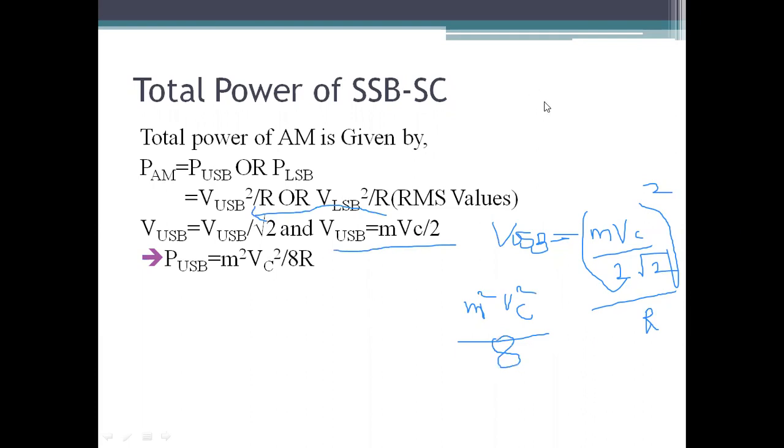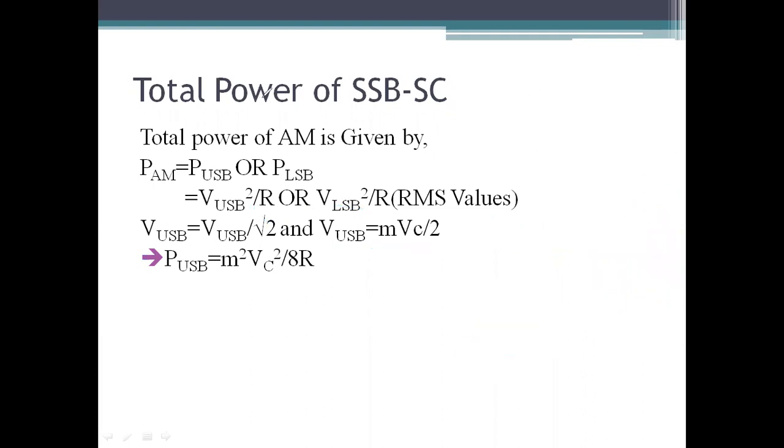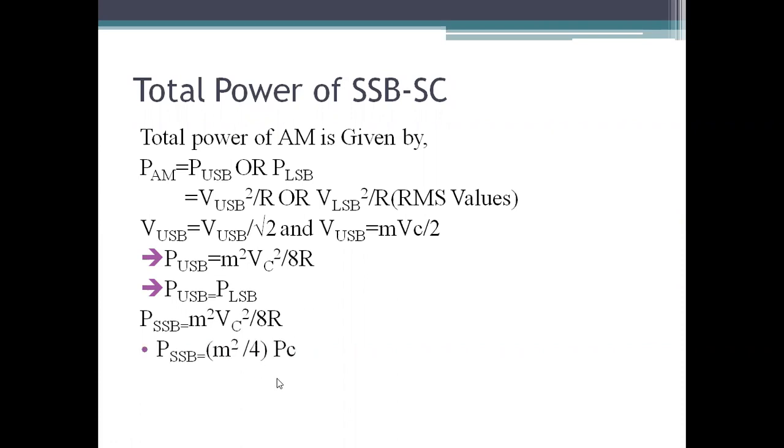So that is how we got the formula for the upper sideband power, which equals m square Vc square by 8R. One more thing: the power of the upper sideband and lower sideband are both the same. And we are replacing this Vc square by R with the carrier power.